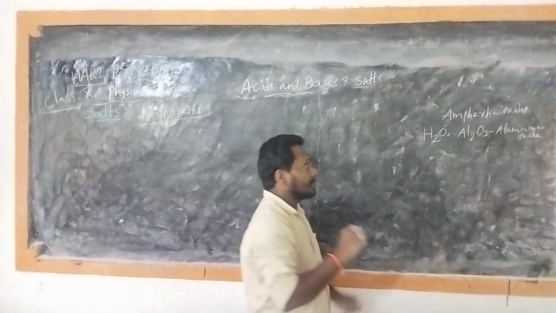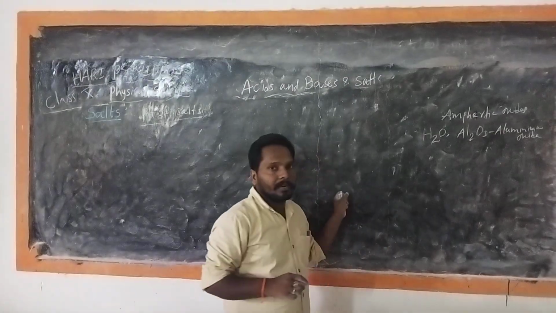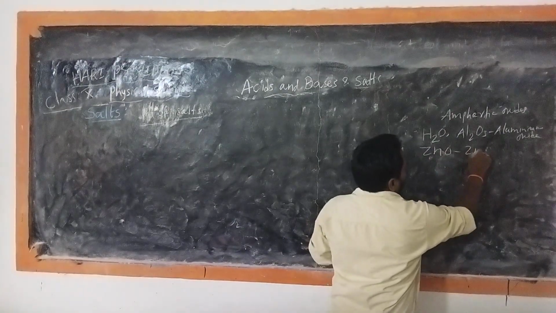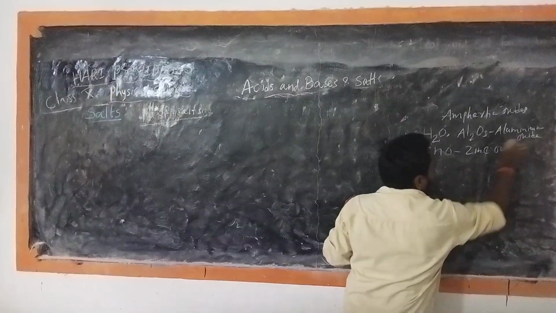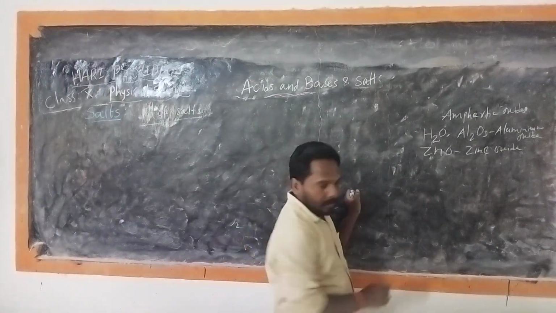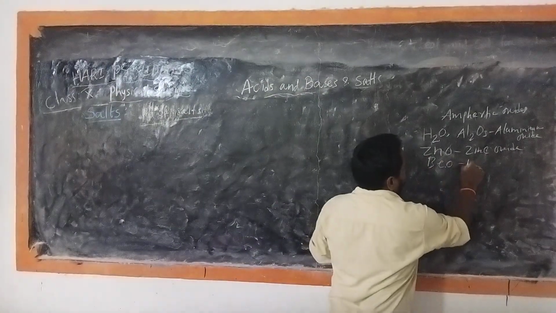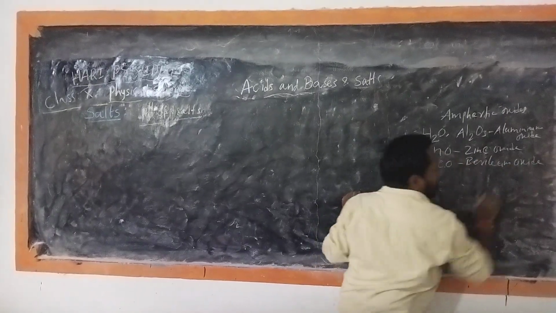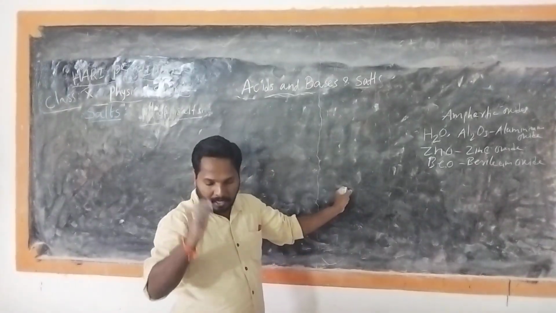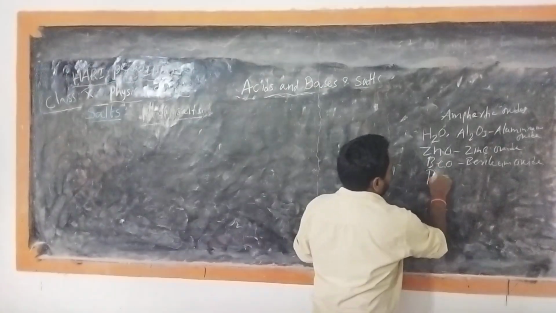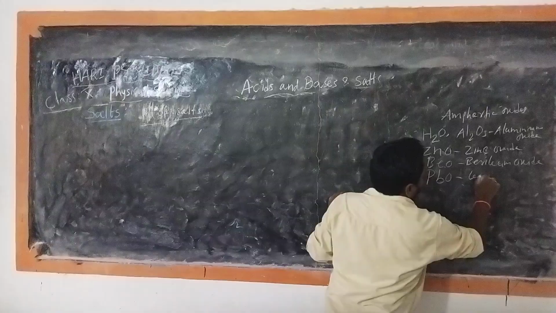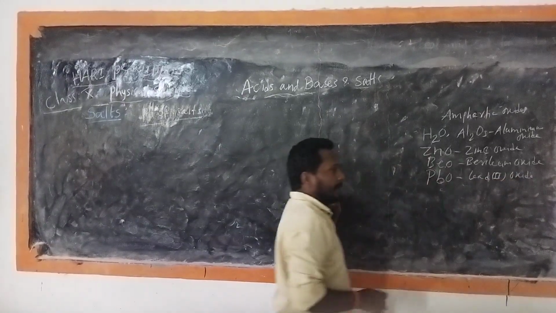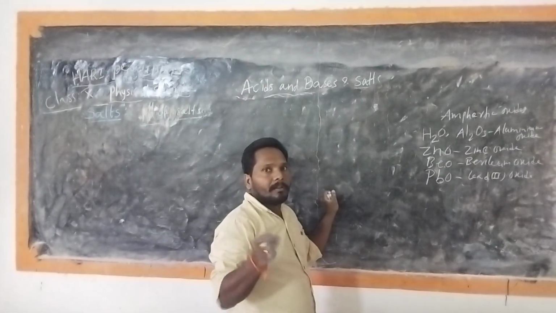Similarly, sometimes we call them amphoteric salts. Zinc oxide is amphoteric. Then beryllium oxide is an amphoteric salt. Lead oxide, PbO, is lead 2 oxide; the Roman numeral 2 indicates lead's oxidation state or valency.